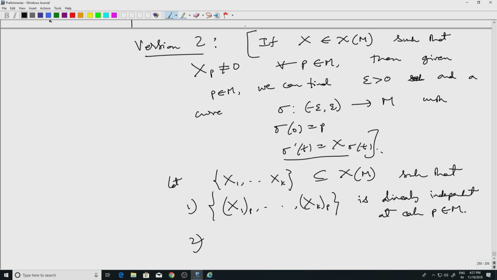So the condition is that this happens, and the second condition is that the bracket of Xi and Xj at any point p belongs to the span of X1 p, etc., Xk p, for all p in M.